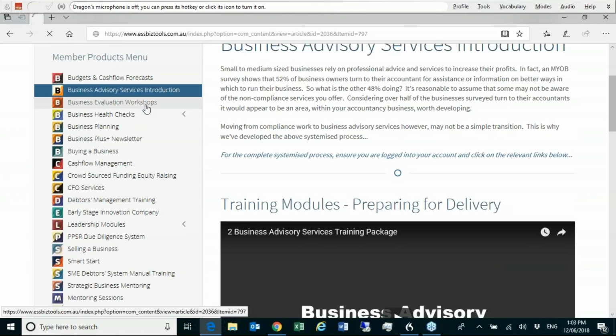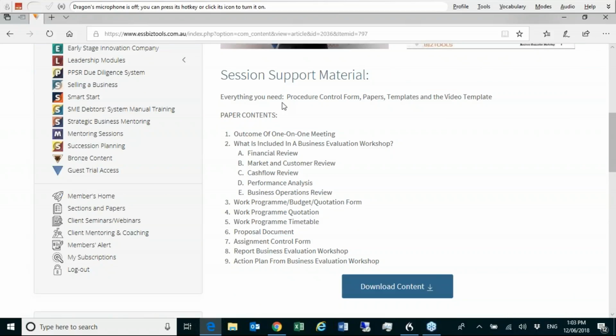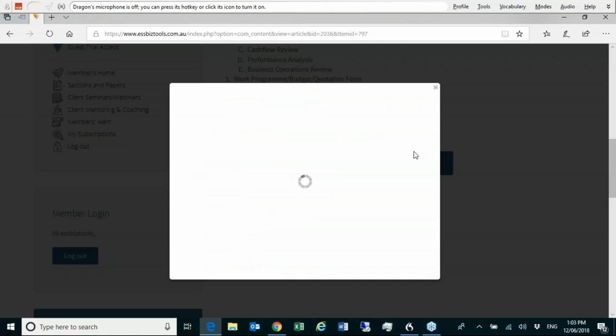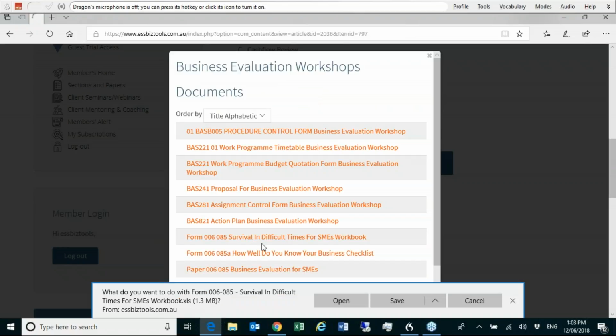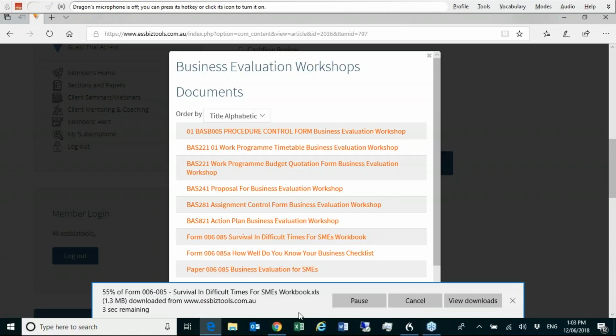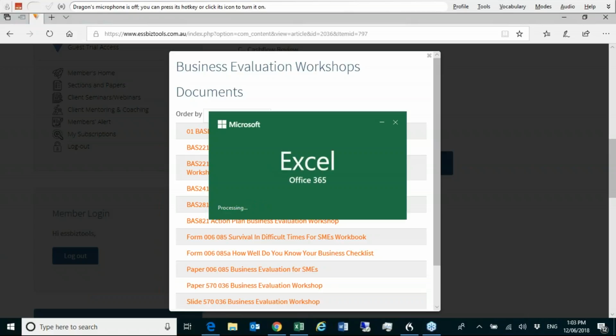The Business Evaluation Workshop is a product that has been prepared to give you a comparison to a form we call Survival in Difficult Times. And it seems to me that around Australia there's always somewhere, either a geographical location or individual types of businesses, that are having difficult times.